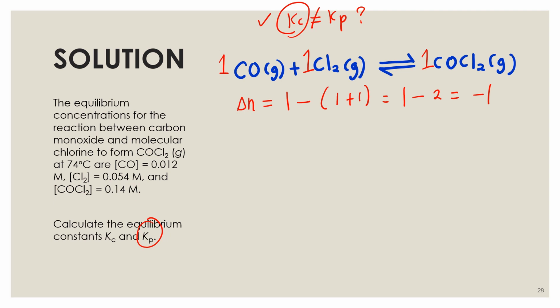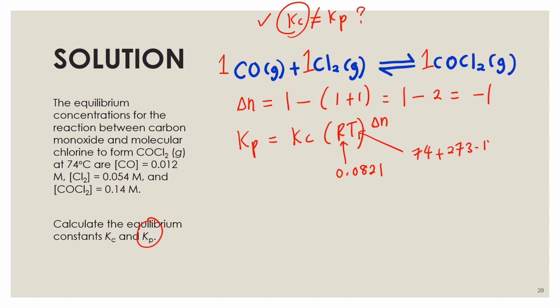But by knowing the value of Kc, we can identify the value of Kp. Okay, bagaimanakah cara dia? Kita akan gunakan formula Kp equals Kc times RT, power of delta N. So what is R? R adalah gas constant 0.0821, and temperature adalah 74 degrees Celsius, and please convert this one in Kelvin.